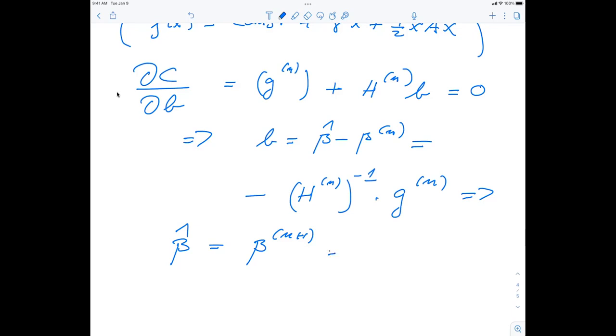And this is simply equal to beta of n minus the inverse of the Hessian matrix multiplied with the gradient of n. This is the derivation of the same equation which you saw yesterday, but now making a Taylor expansion of the cost function around the optimal value.